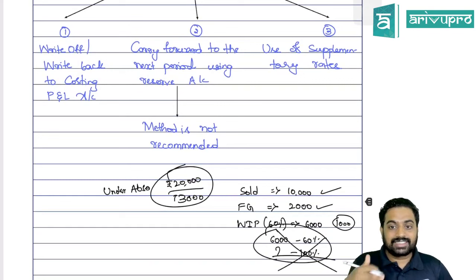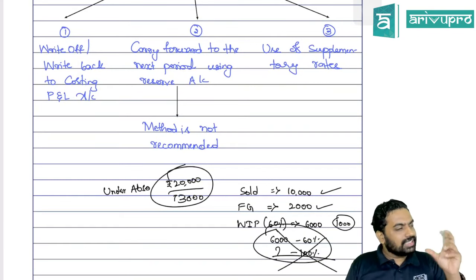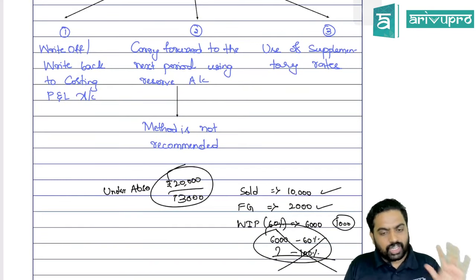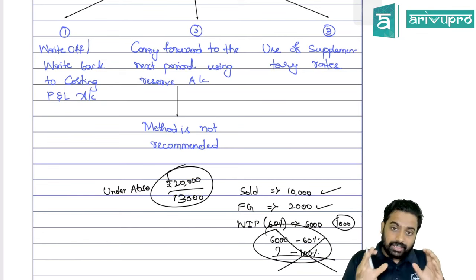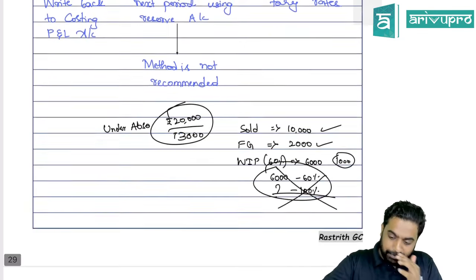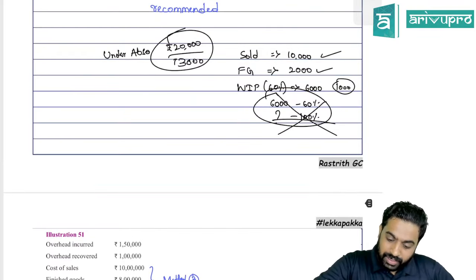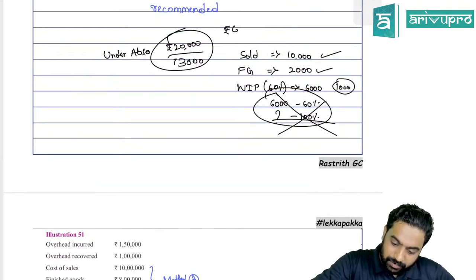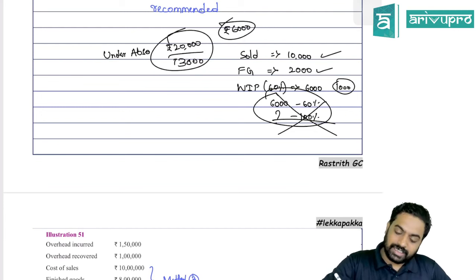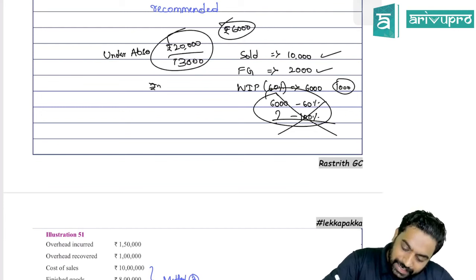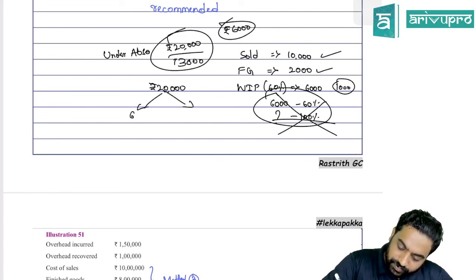Sometimes certain overheads, under or over, relate to abnormal causes. Let's say of this 20,000 under absorbed, rupees 6,000 is abnormal. In that case, before finding the supplementary rate, we divide this 20,000 into 6,000 and 14,000.